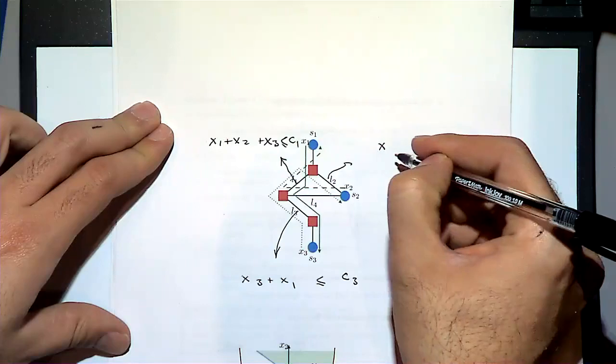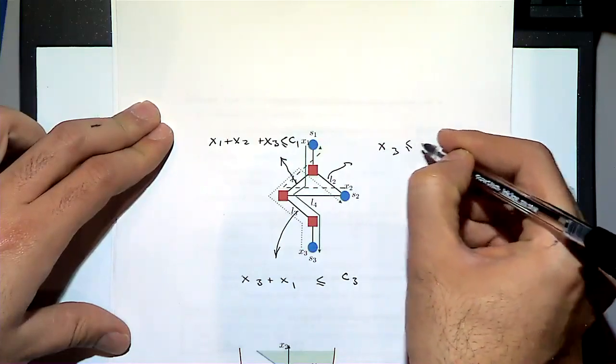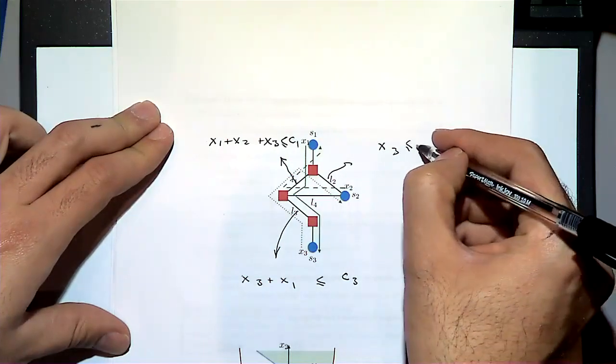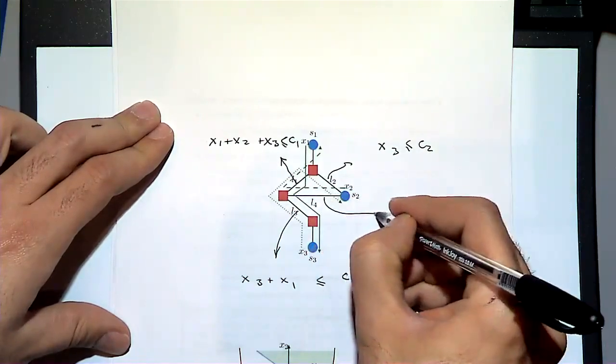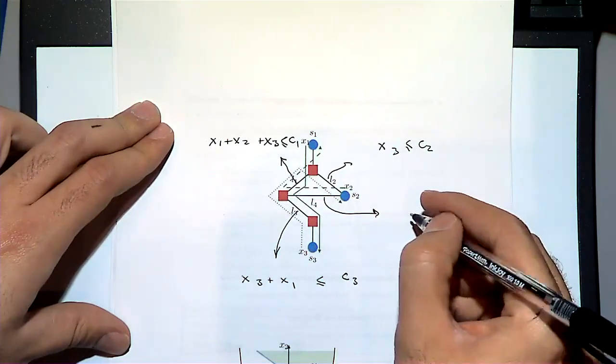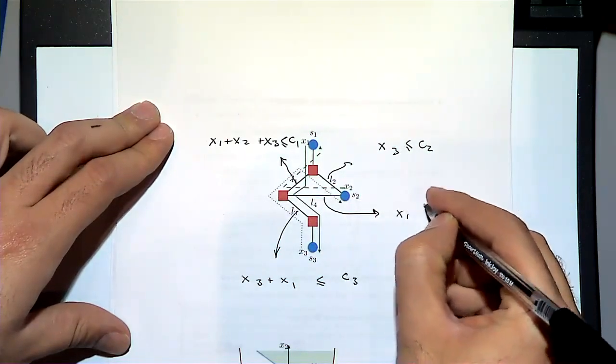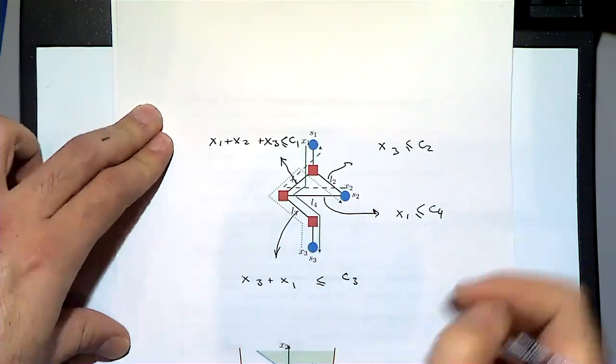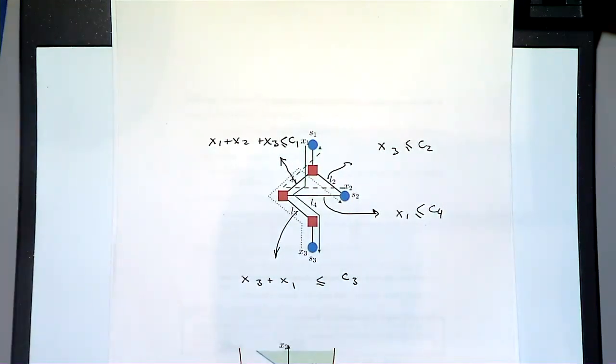Similarly, here only is x3. Okay? Is it clear so far? So we just are writing constraints for these capacities.